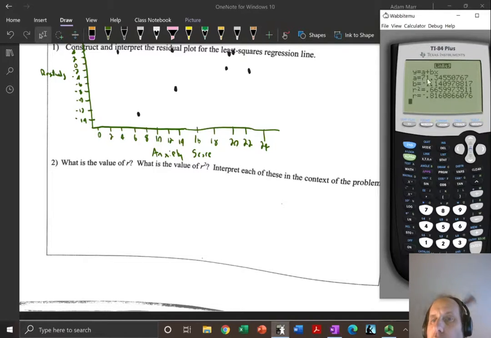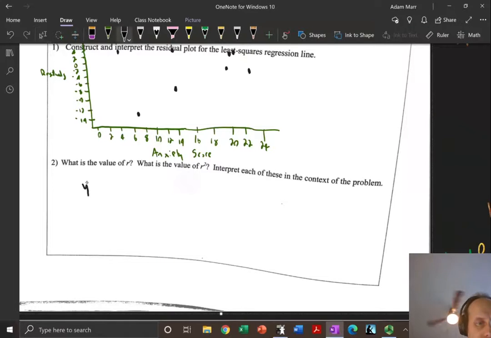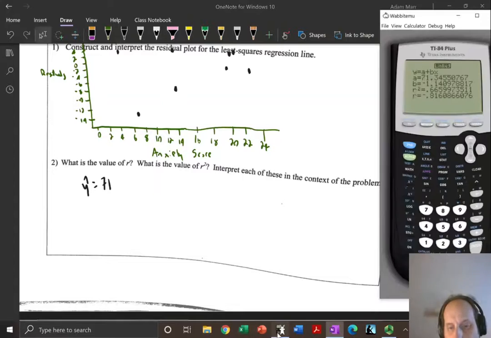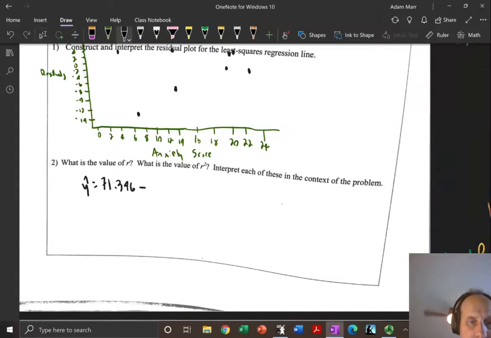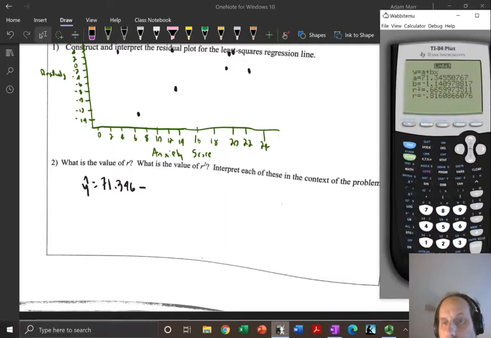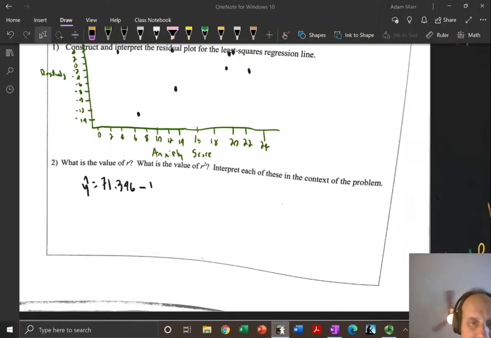So we have Y equals 71.35. Well, we can go to 3 decimals: 71.346 minus 1.141. So Y hat equals 71.346 minus 1.141x.